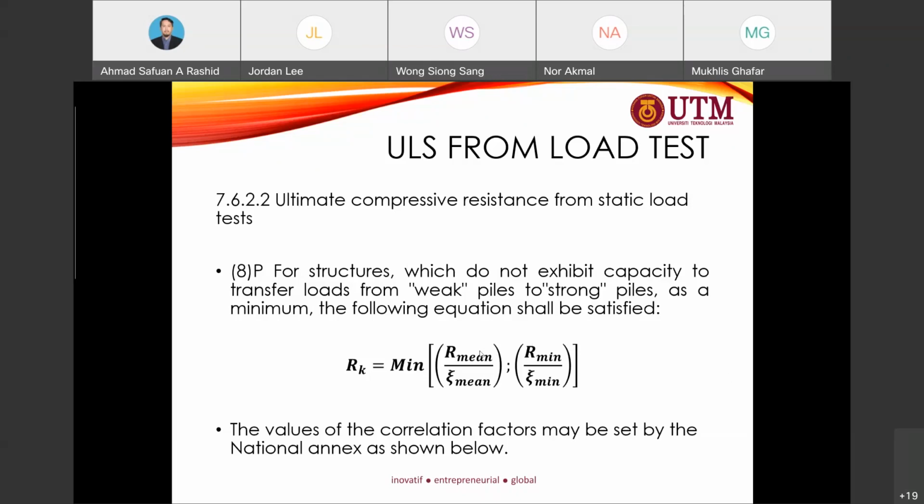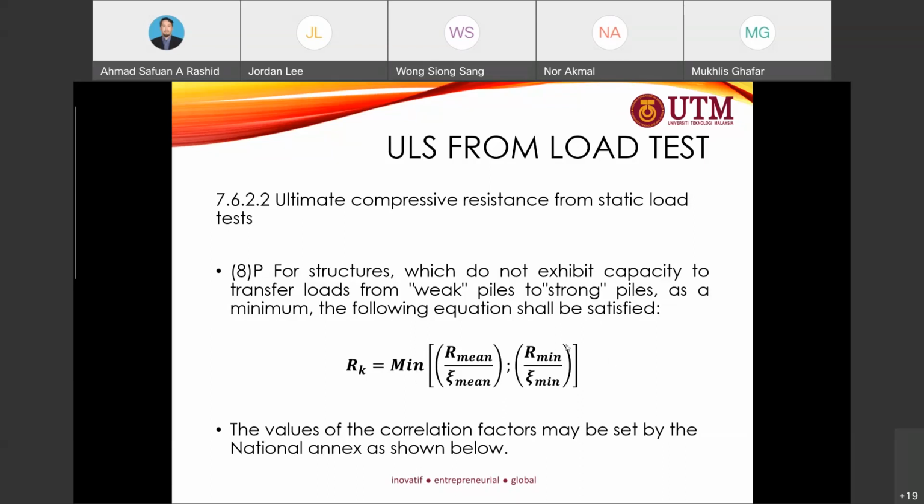So we need to determine the R min and divide it by these coefficients, and also what will be the R minimum. R mean is the average, R min is the minimum value. Then we choose which one is the minimum.